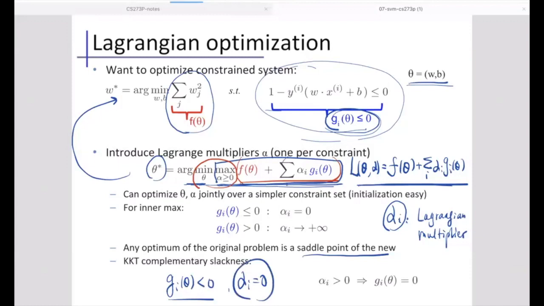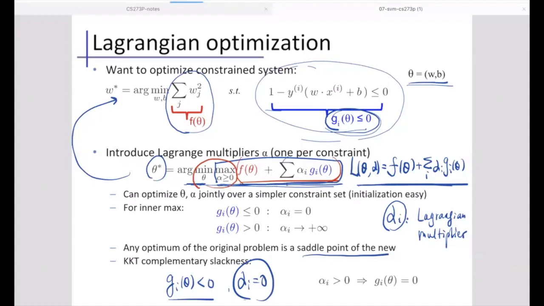That's what we said, right? Because in order to maximize this function, if your constraint term is negative, the best way to maximize it is just to set alpha sub i to be 0. So if your constraint is strictly negative, then your Lagrangian multiplier is going to be 0. That's one thing we can say for sure.